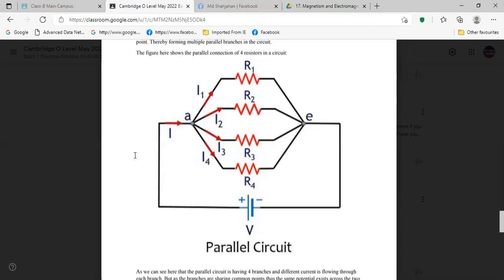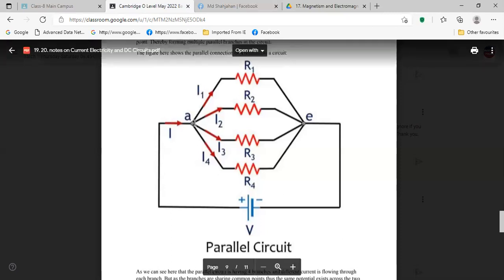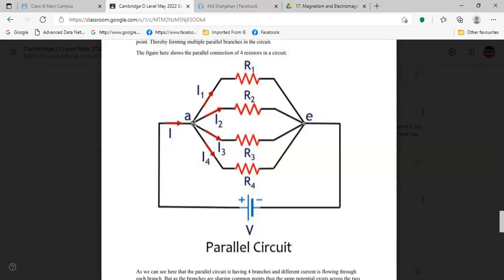No, sir. So look here, parallel circuit. We have components R1, R2, R3, R4. All of them are connected in a way that their left side ends and right side ends are connected together, right?